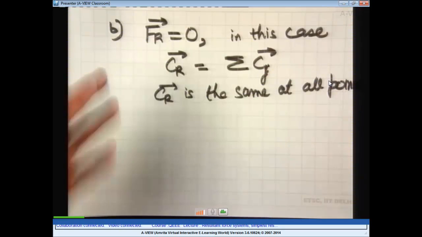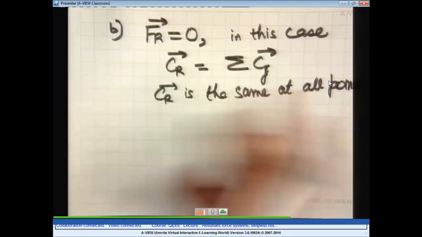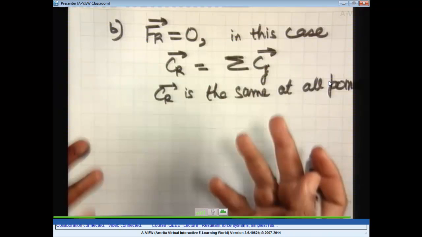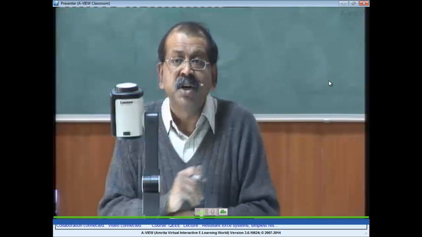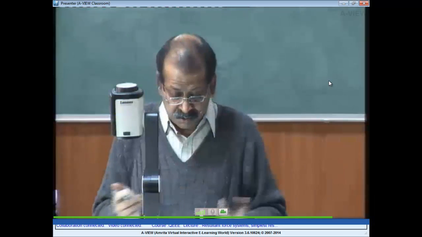Now notice this would happen if all the forces are 0, then either they are acting at the same points or they form couples, because only then you'll have a resultant force coming to be 0.